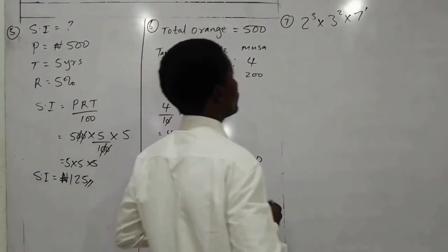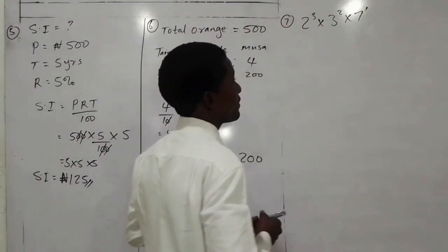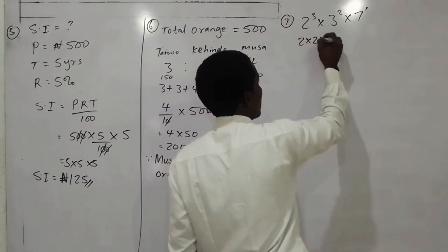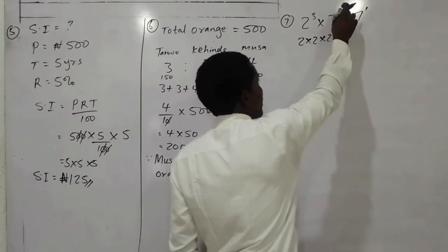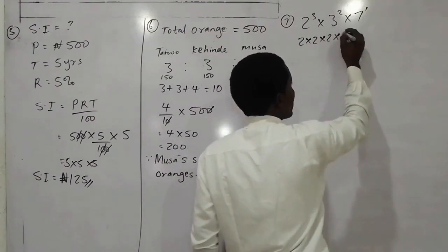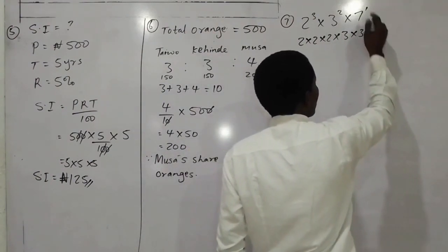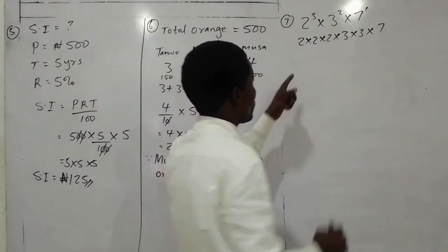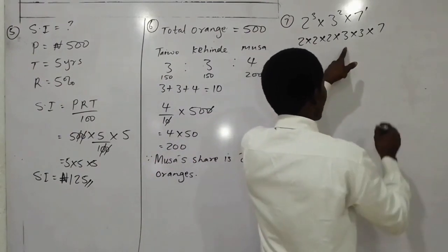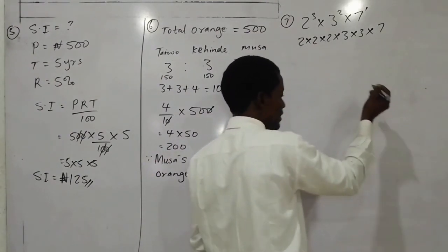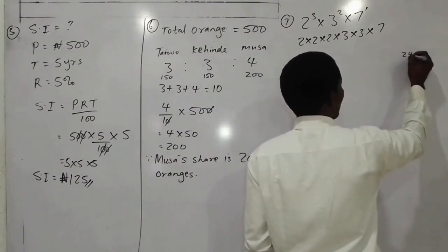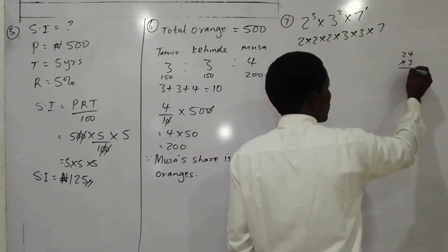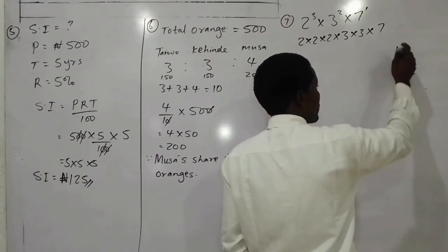Find the value of 2 raised to the power 3 times 3 raised to the power 2 times 7 raised to the power 1. So 2 raised to the power 3 means 2 times 2 times 2. 3 raised to the power 2 means 3 in 2 places, that is 3 times 3. 7 raised to the power 1 still means 7. Now let's multiply this together. So 2 times 2, 4. 4 times 2, 8. 8 times 3, that's 24. 24 times 3 is 72.